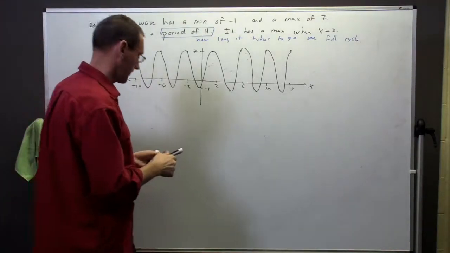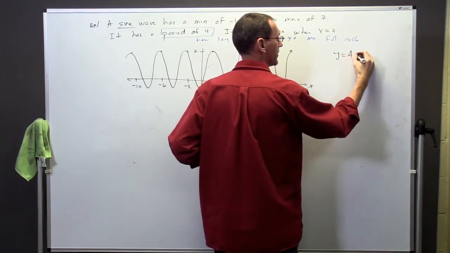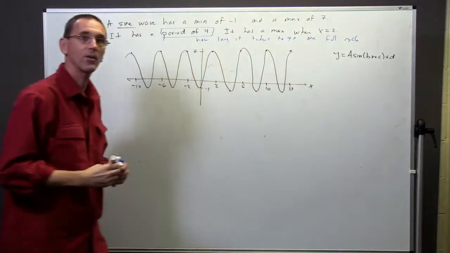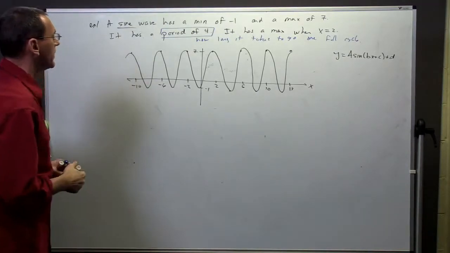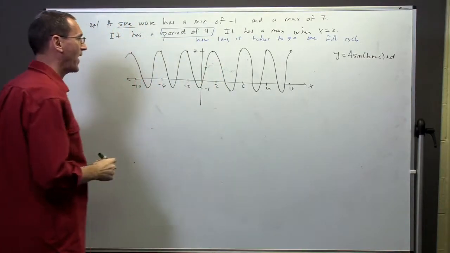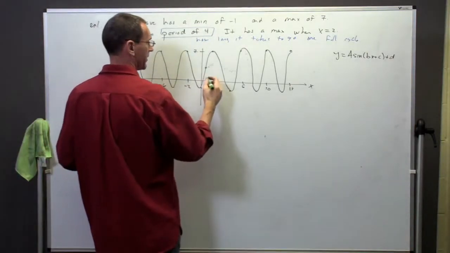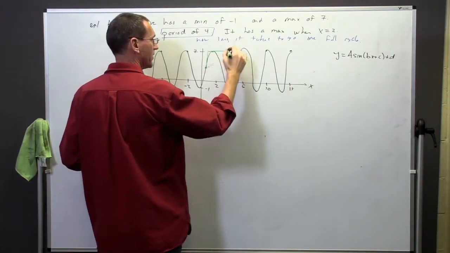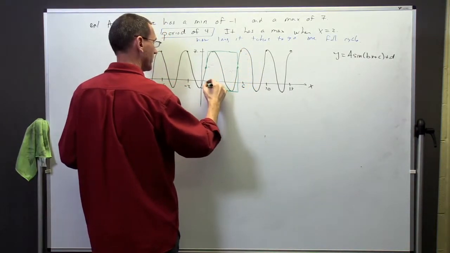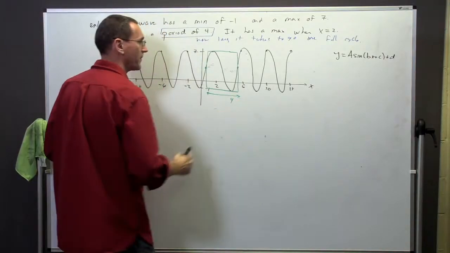All right. Okay, now, it says a sine wave, so what does that mean? That means it's going to have something of that form. Okay. Now sine, I want to go wherever that is. Okay. And the idea here is that if I look at this box right there, okay, this is going to have a length of 4.